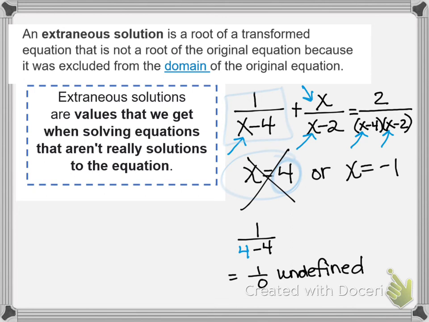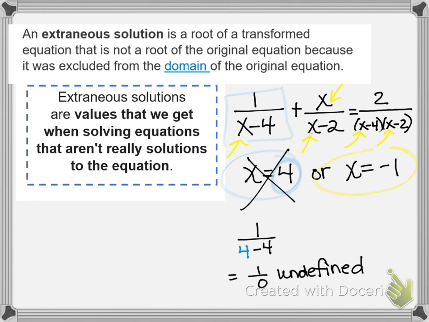All right, let's check x equals negative 1. Okay, so now I'm still going to take the value negative 1, and I'm still going to imagine that I am inputting it everywhere I see the variable x.